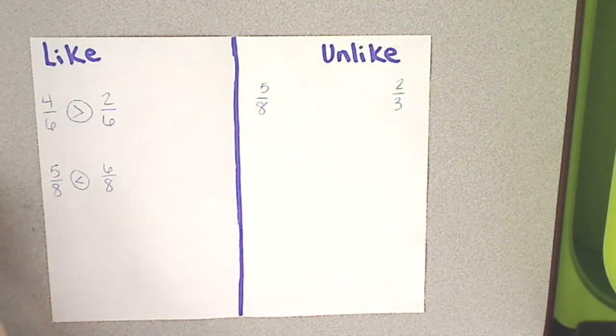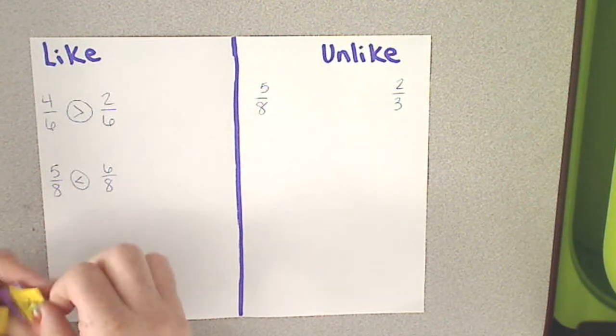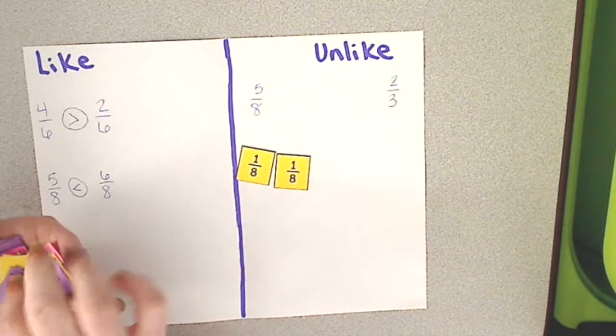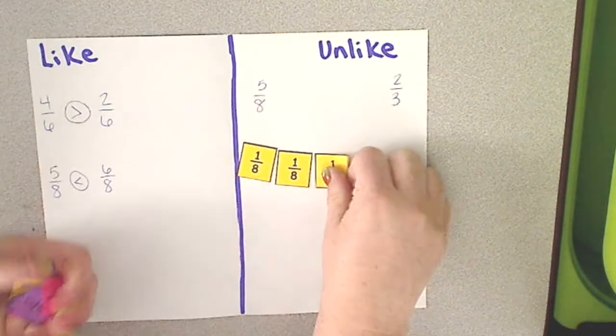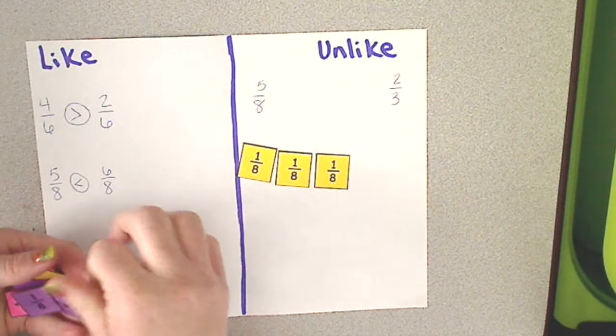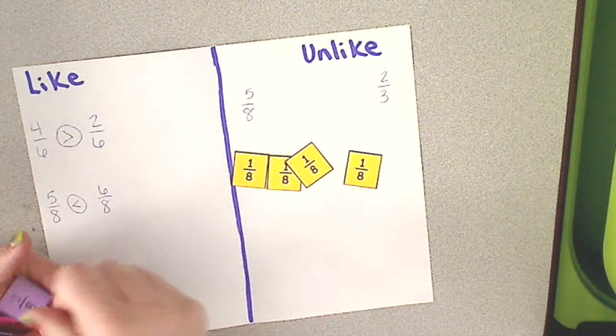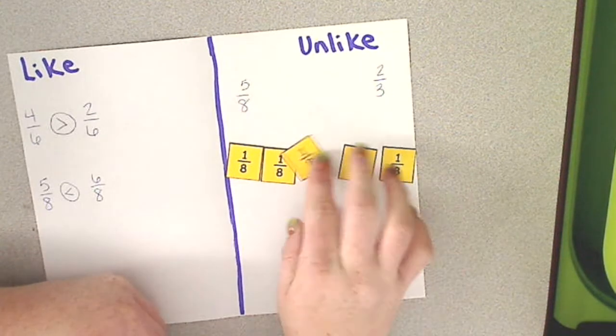Well, I can very easily pull out my fraction pieces, and you're probably thinking, well, Ms. Pike, this shouldn't be a problem, right? Well, let's see. I have 1, 2, 3, 4, and 5.